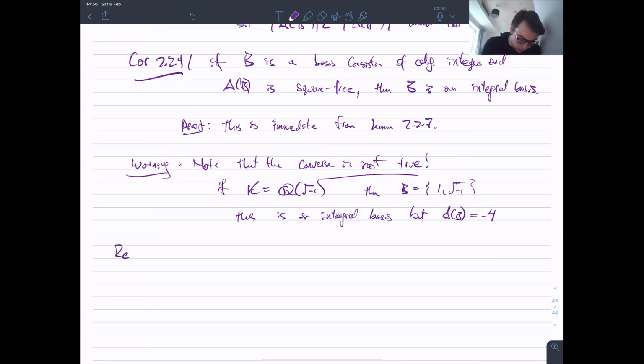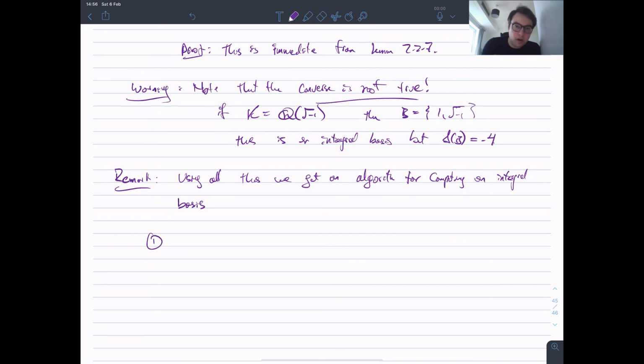Great, so once we have all of this, as I've said already in words, we somehow get an algorithm for finding an integral basis. So using all this, we get an algorithm for computing an integral basis. So what are the steps? Step 1: first pick a basis B consisting of algebraic integers, and calculate the discriminant.